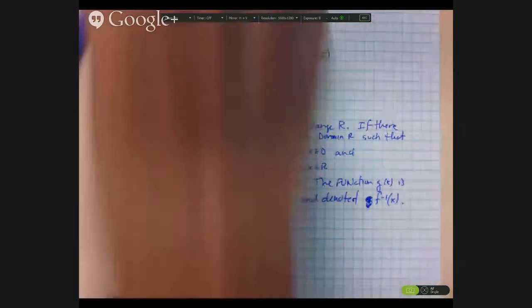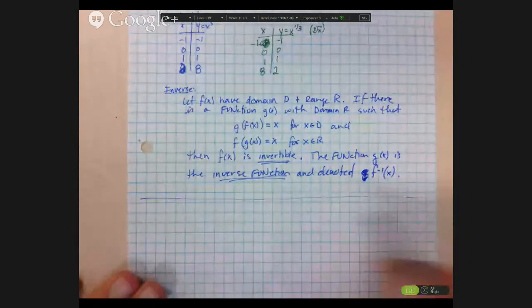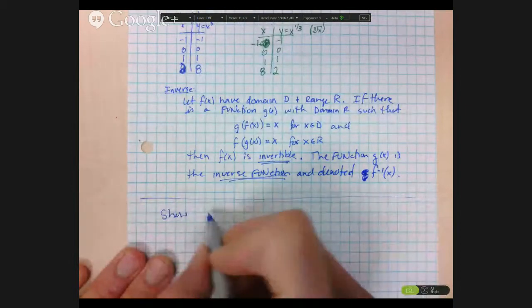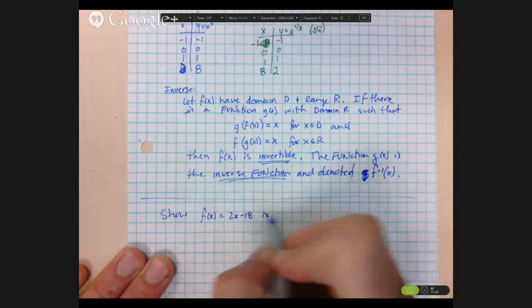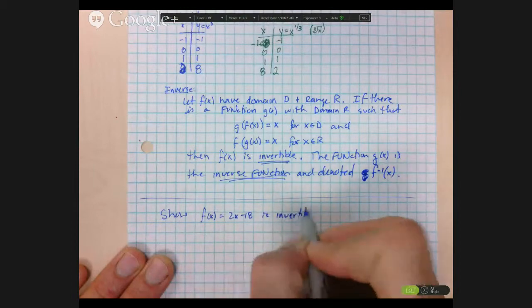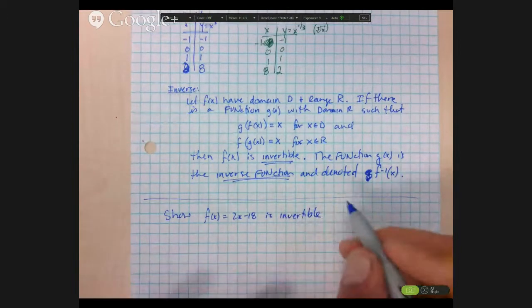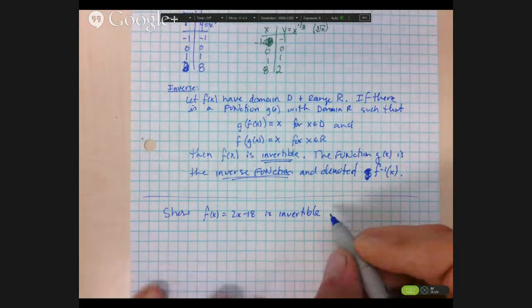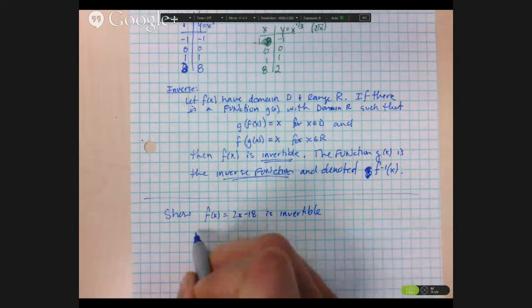If I have an example of this, show f of x equal to 2x minus 18 is invertible.